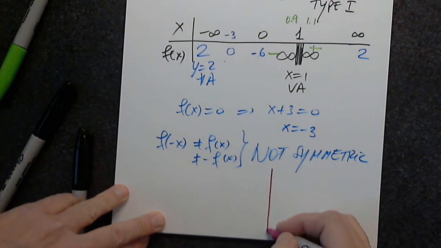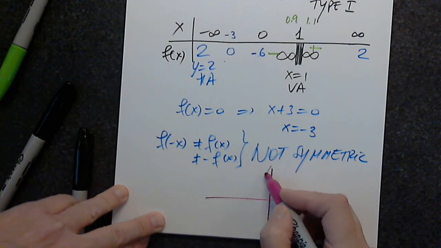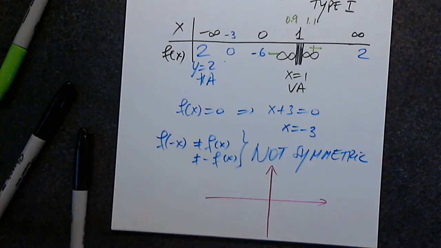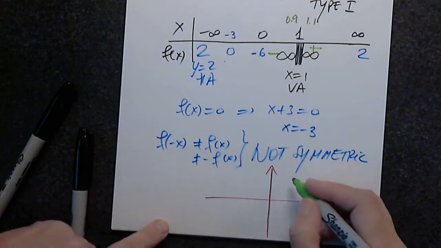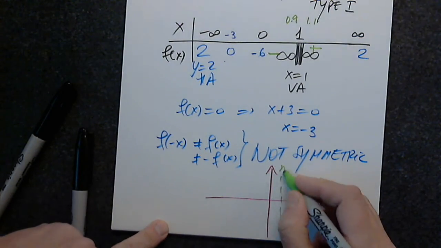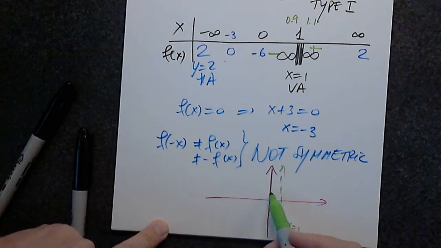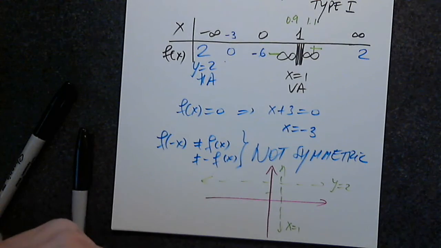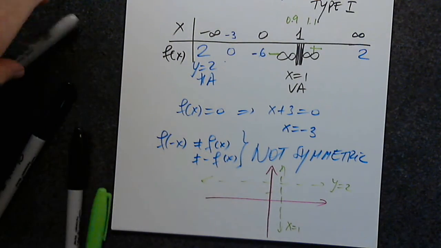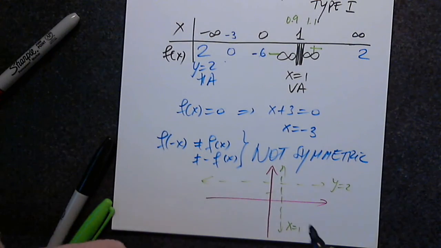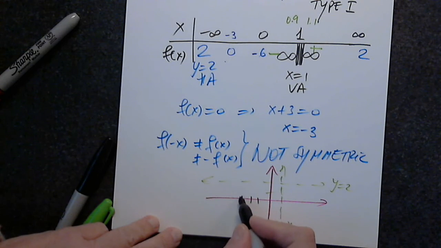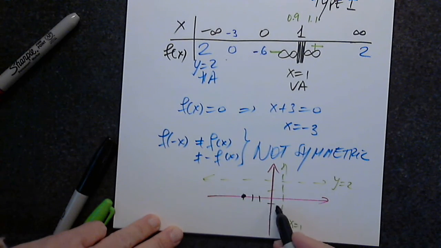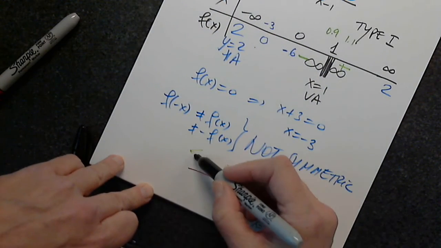So I'm going to graph. I have to graph the asymptotes first, and there are 2 asymptotes: x equals 1 and y equals 2. And then I just plot the negative 3, 0, and the 0, negative 6. And I graph what I see.